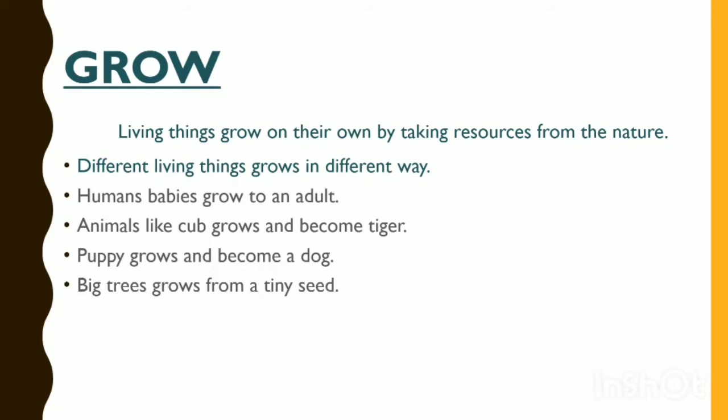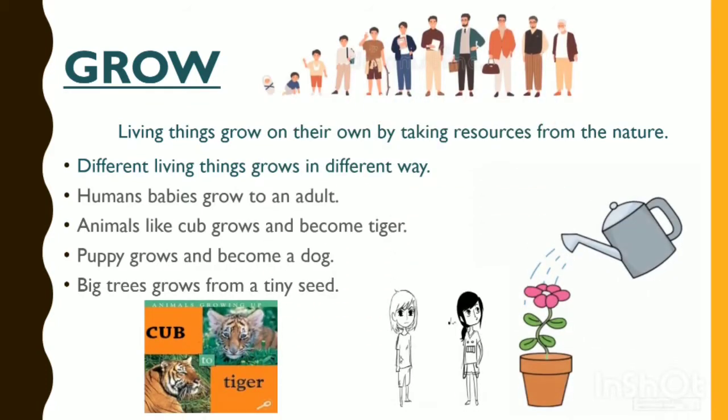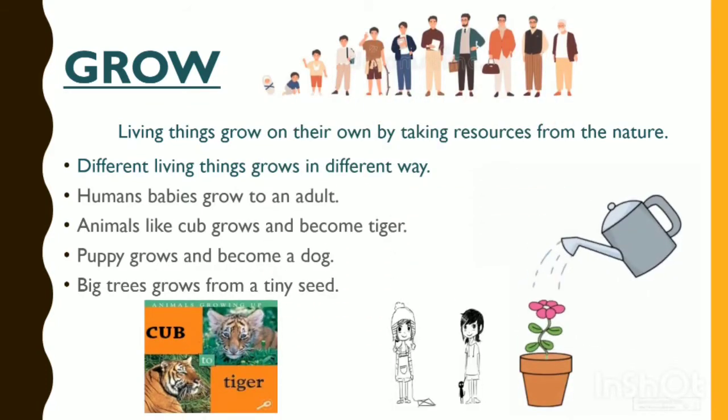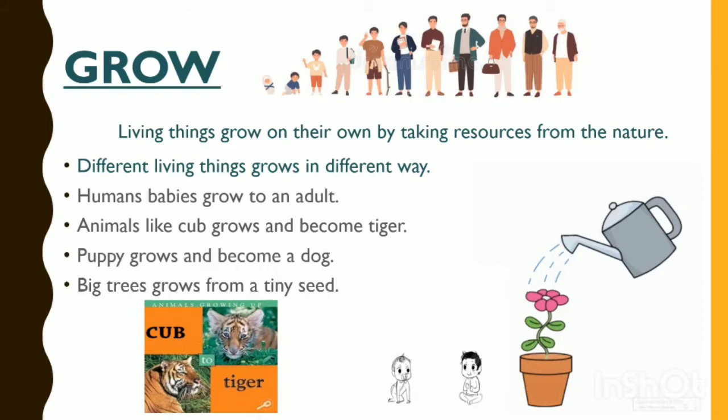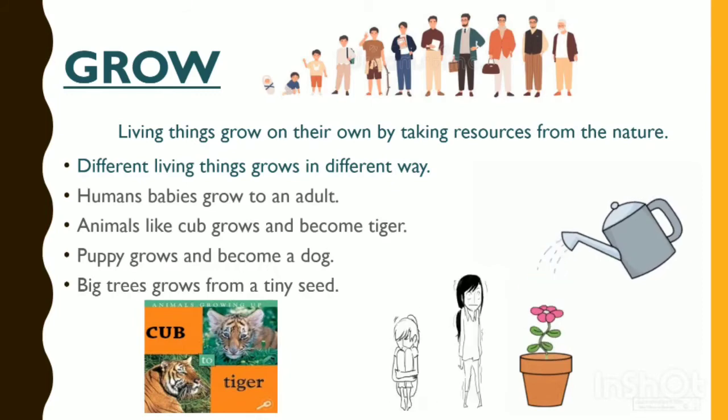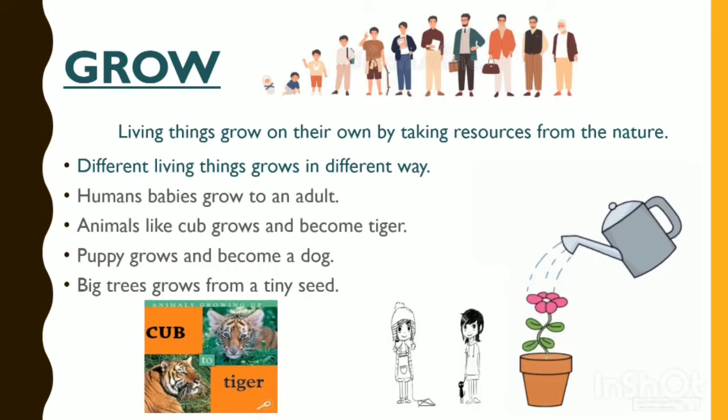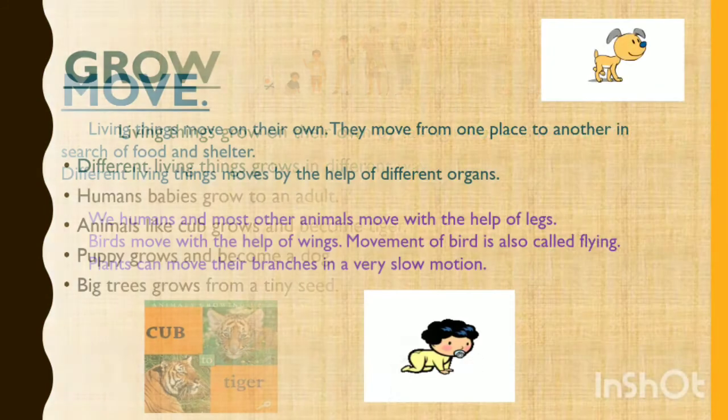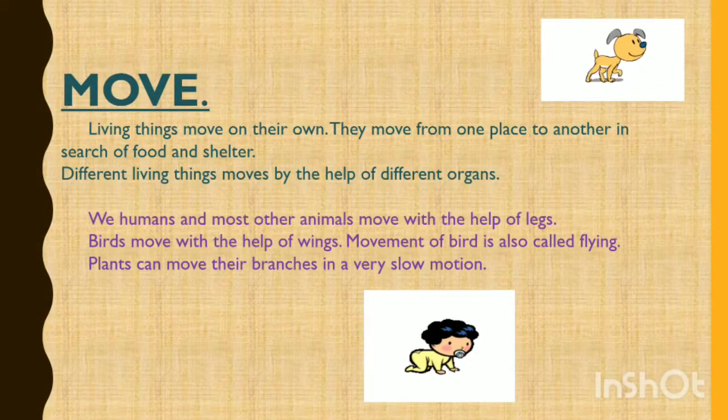They grow into adults, like you will also grow like your mom and dad after some time. Like that, cub, the baby of tiger, grows into a big tiger. Puppy grows into a dog, and big trees come from a tiny seed.